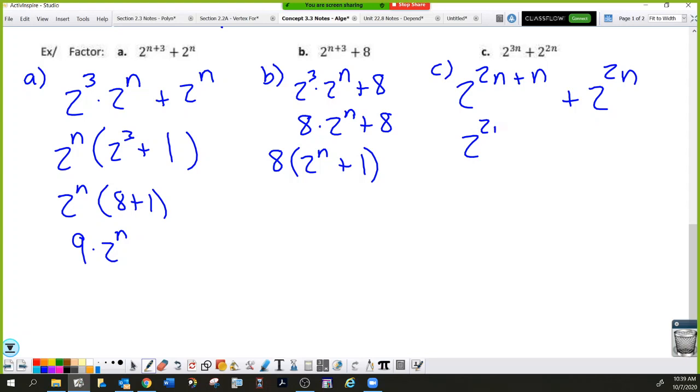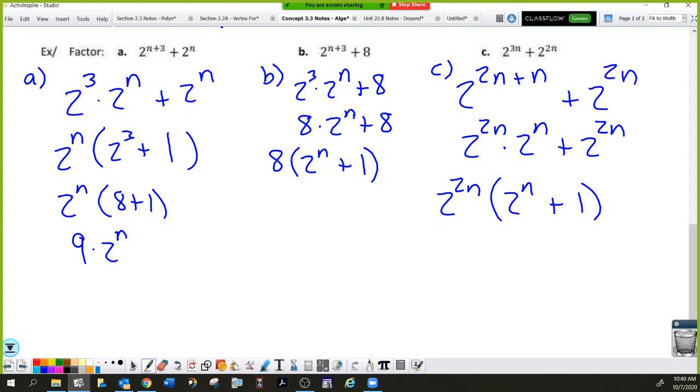It's not really simplifying. It can be rewritten as 2 to the 2n times 2 to the n. And now 2 to the 2n is my GCF. By the way, 2 to the 2n could be written as 4 to the n, because 2 squared is 4, but that doesn't help us any, so there's no point in doing it.